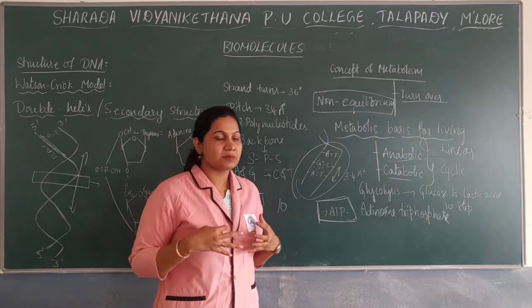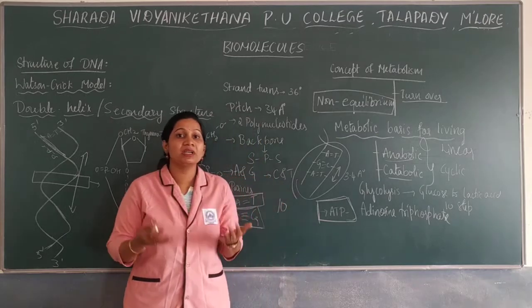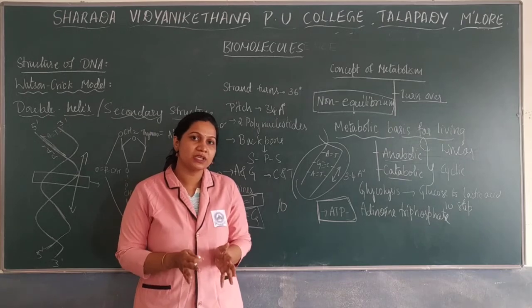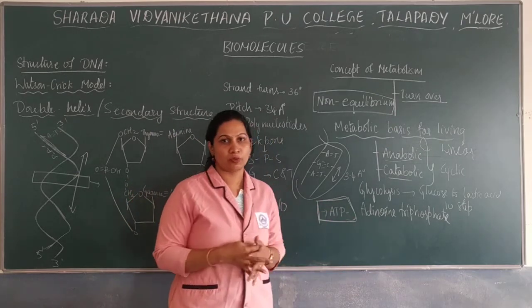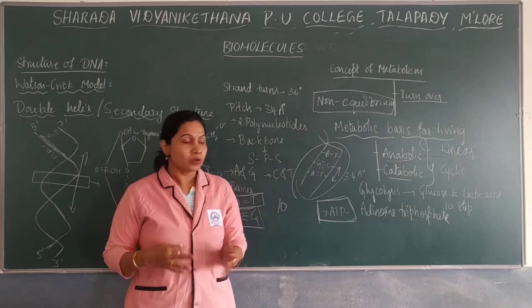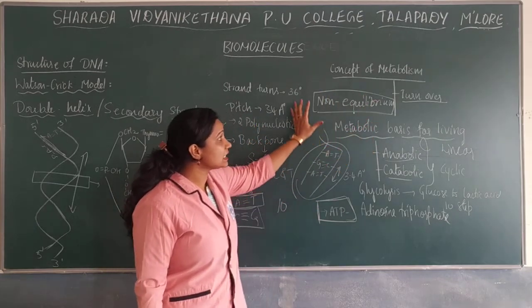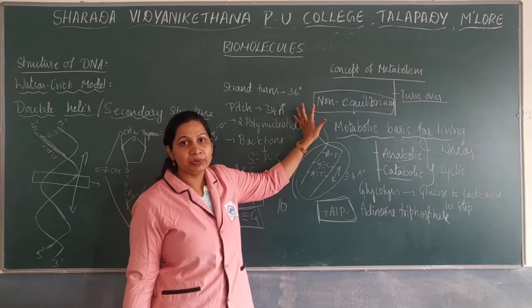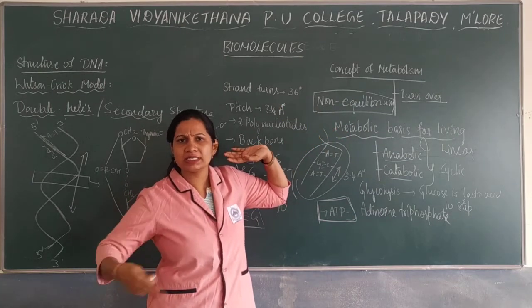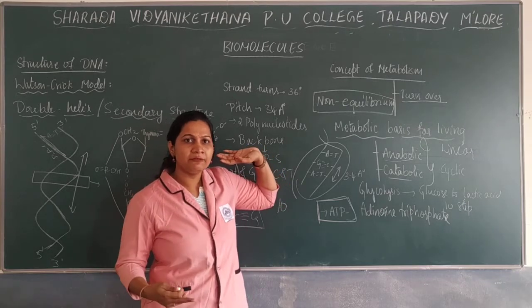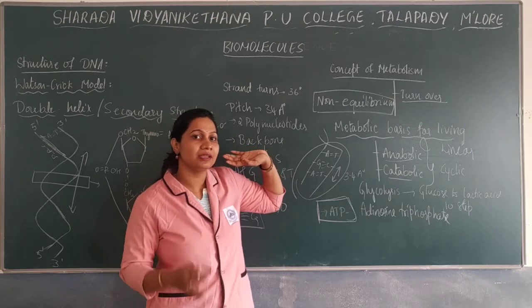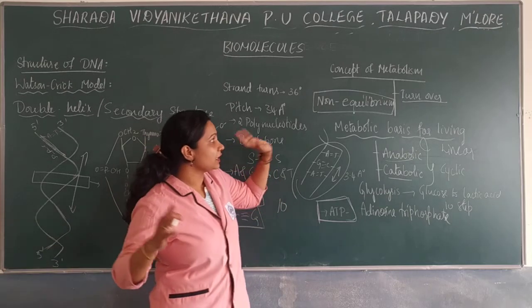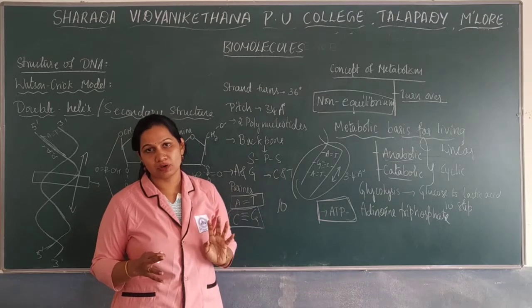Though we may stop working, our system will never stop working. When our system stops working, ultimately we have to stop. That is nothing but death. So it is in a non-equilibrium steady state, continuously working. Living systems are in a non-equilibrium steady state. So that is very important in case of living organisms.